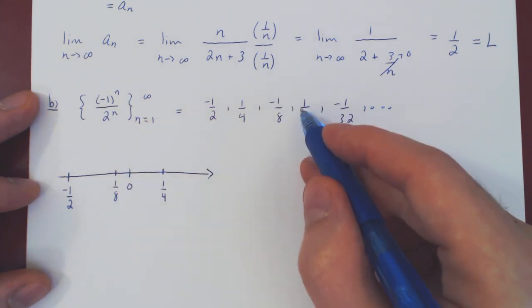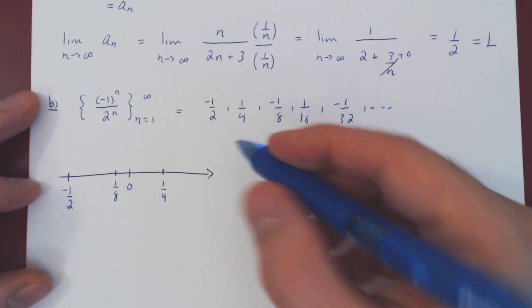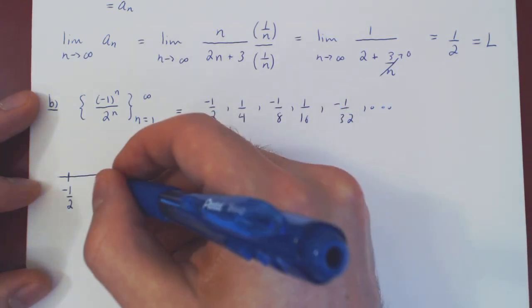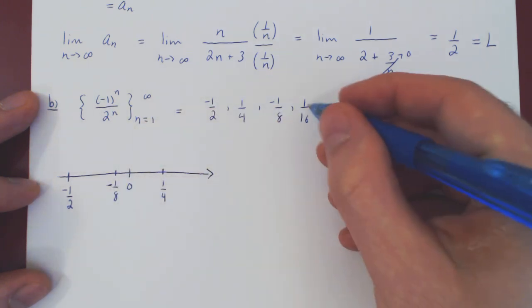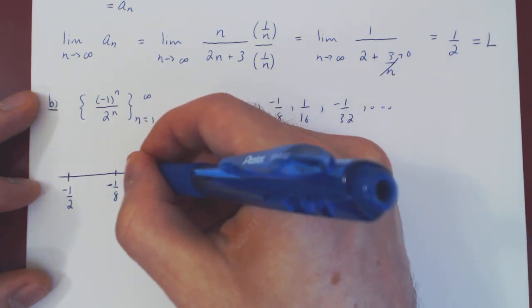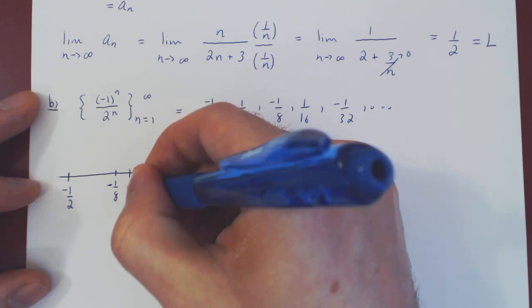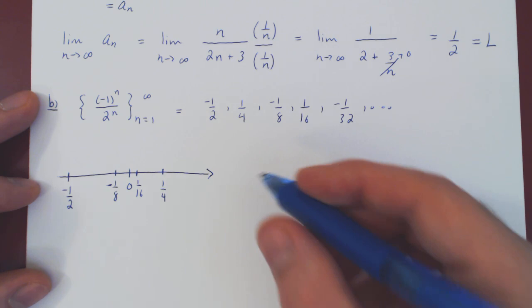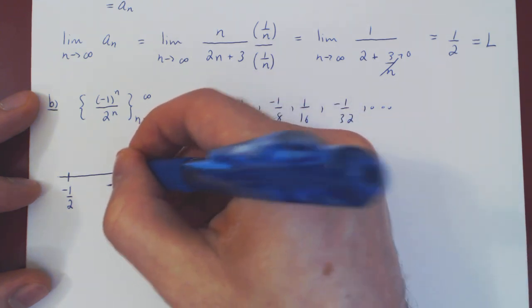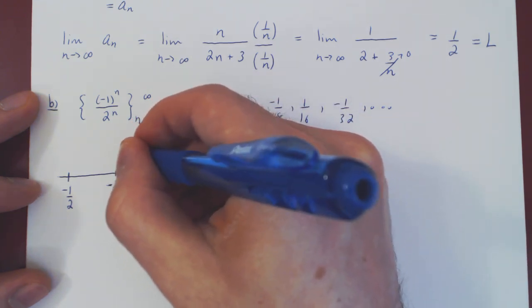The next term is positive, but again half the size of the previous term, positive 1 over 16. And the next term is again half the size of the previous term, but negative: negative 1 over 32, and so forth.